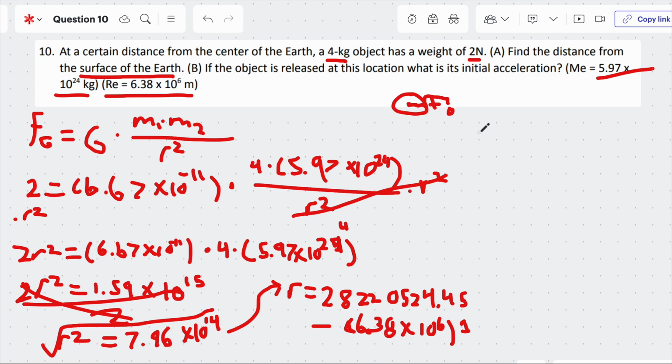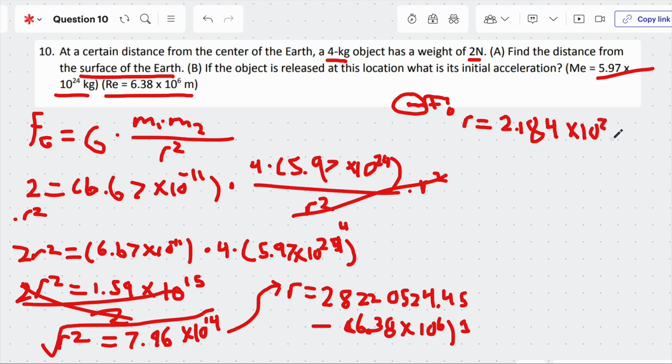Okay. So I'm going to rewrite this. So our radius or distance from the Earth, I'm just going to keep it as r, should be 2.184 times 10 to the 7th.